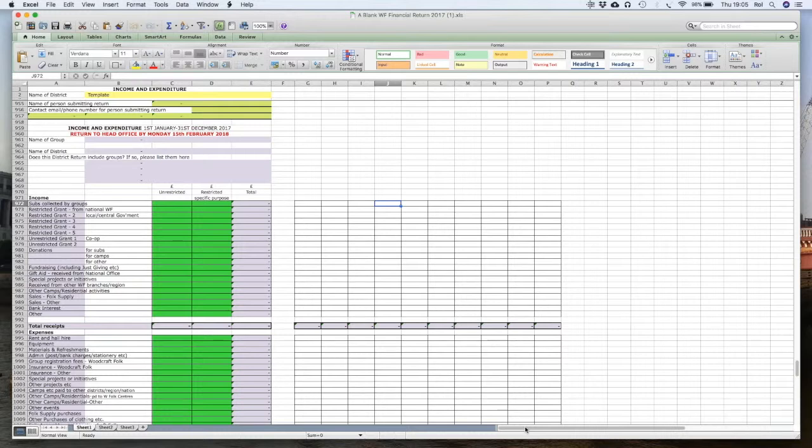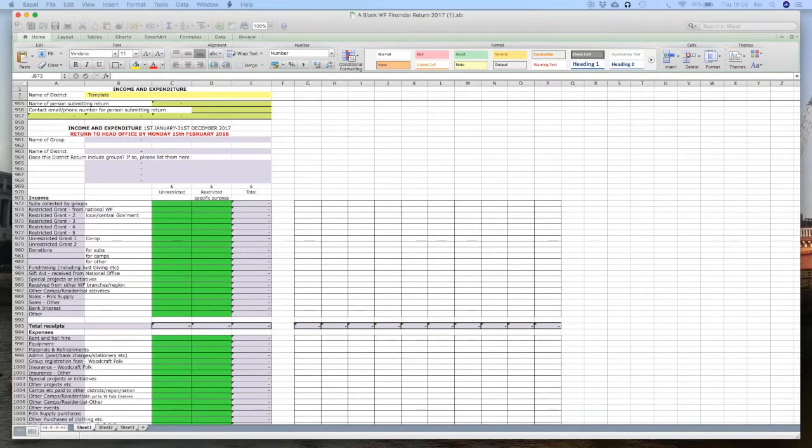Now, when I sent out the spreadsheet, I also sent out a step-by-step guide, which helps you find your way through filling in the form. I'll basically be following the lines of that step-by-step guide.